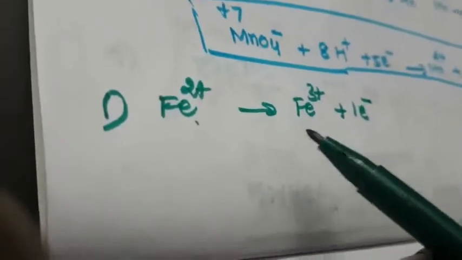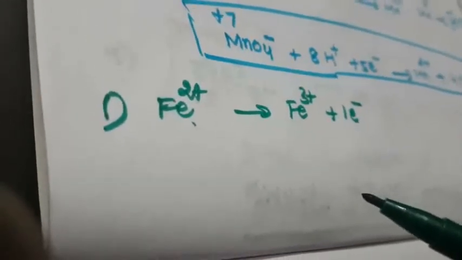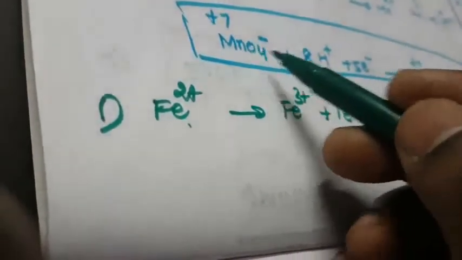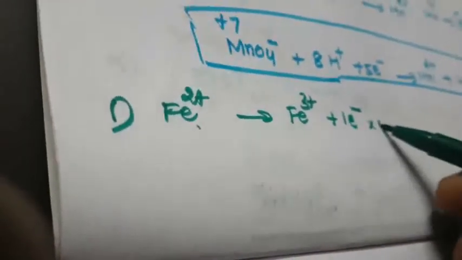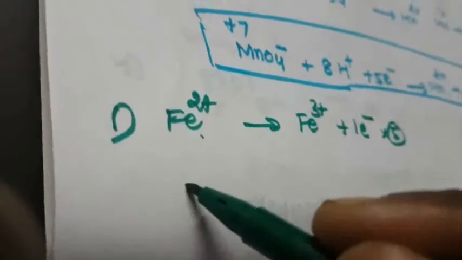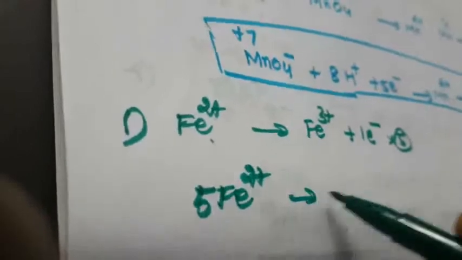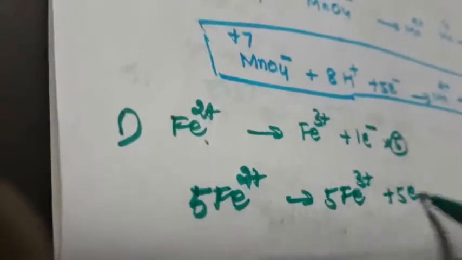Okay, so then how to balance with that general equation? So now this is the general equation. How many electrons are there? 5 electrons here, 1 electron there. How to balance that one? This equation is multiplied by 5. So that is how to write 5 Fe2 plus gives 5 Fe3 plus plus 5 electrons, right?